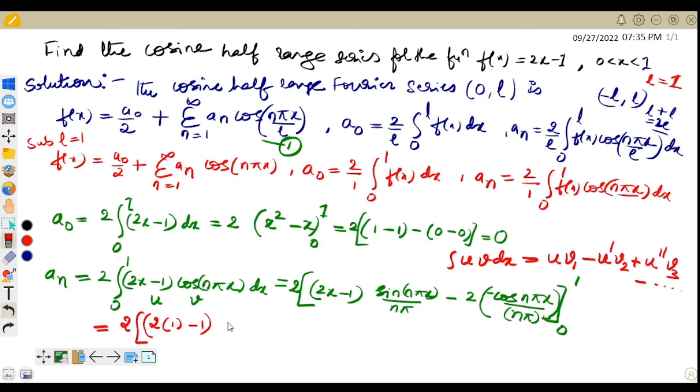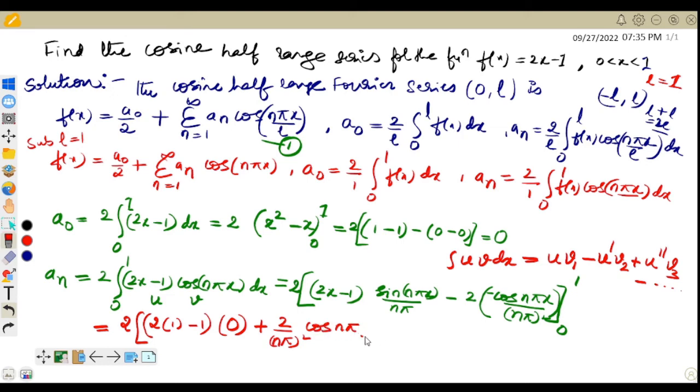Sin n pi value is 0, and 0 by anything is 0. Minus plus 2 divided by n pi whole square, as it is. This is cos n pi. First write cos n pi itself, later you can write the value.